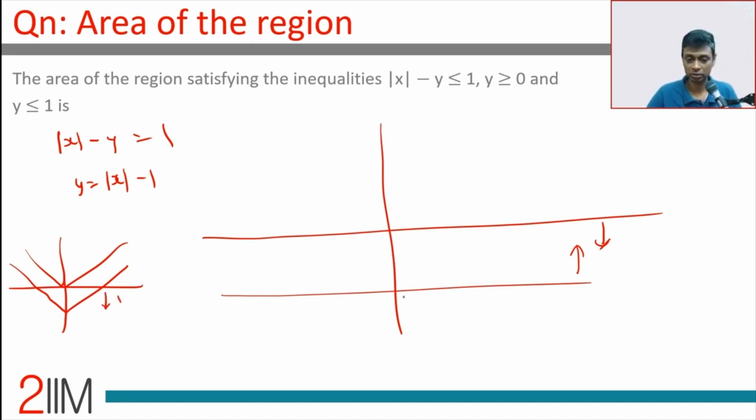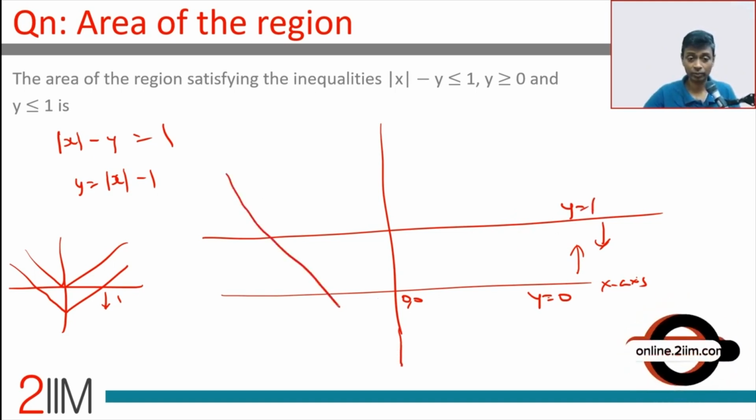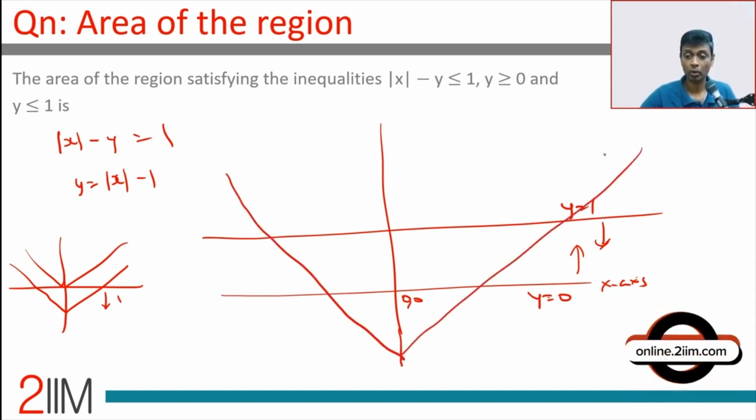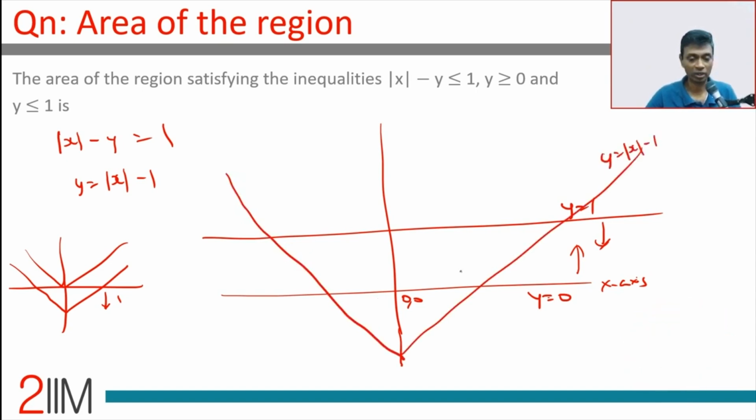So this is 0, 0. This is x-axis. This is a line y equal to 0. This is a line y equal to 1. We're talking about this band here. Inside that band sits this y equal to mod x minus 1 line. So this point will be 0, minus 1. Put x equal to 0, y will be minus 1. This point, when will y be 0?